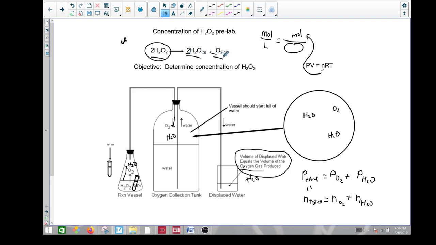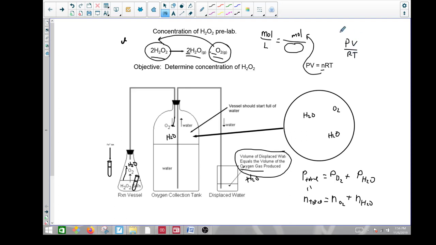Now the instructions, the questions in the back and the preliminary questions, I should say they say preliminary, but the second half of it is all based on your calculations. Solve for the O2, and then you can jump from the moles of O2 that you have to the moles of this. For every one of these, we get two of those. So we're going to use our sample here, which is going to be PV over RT.